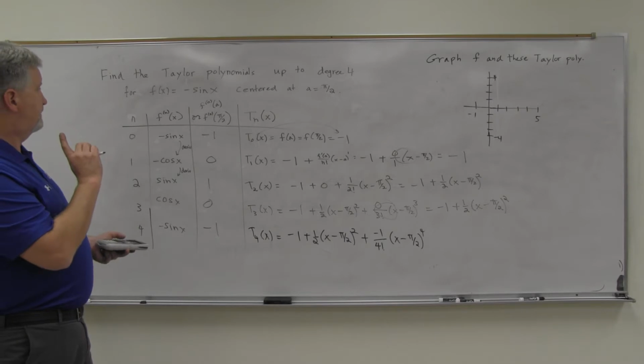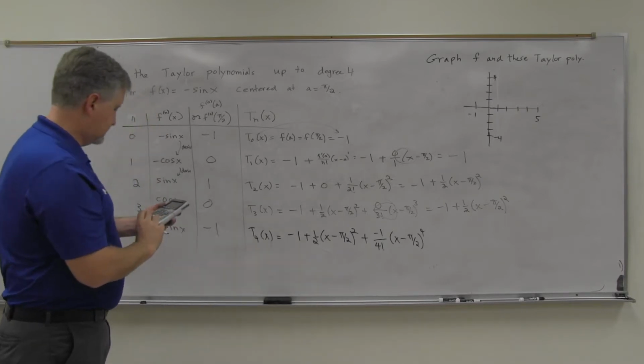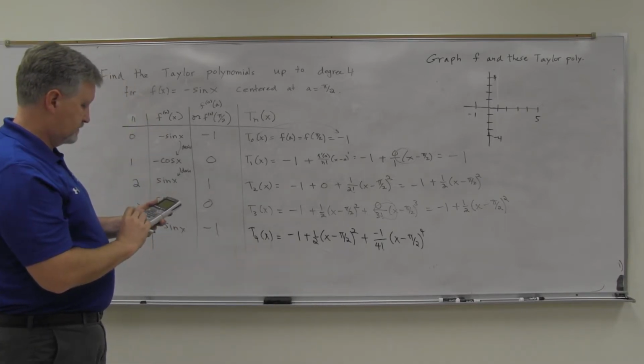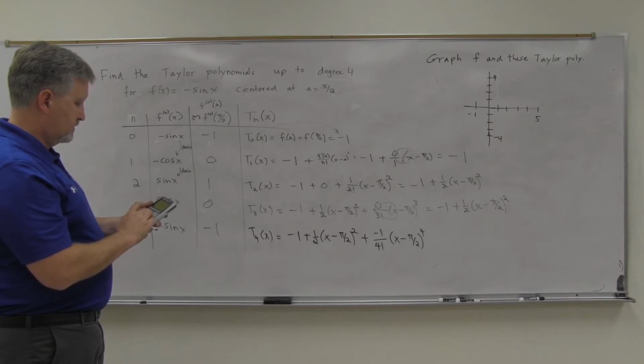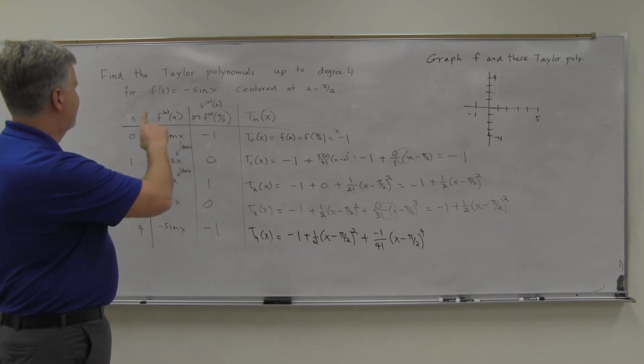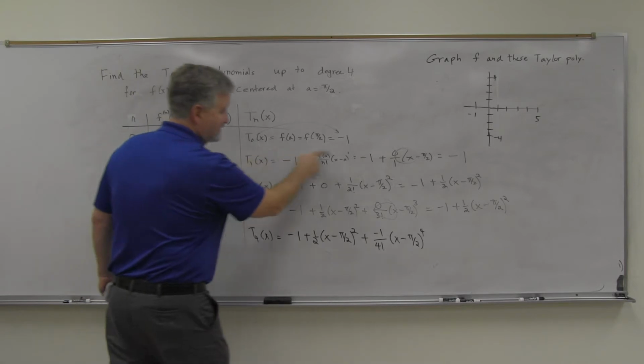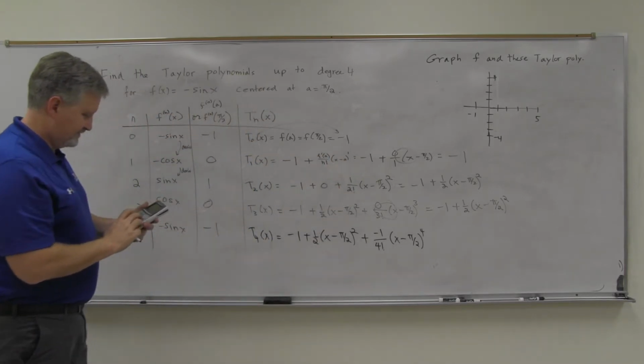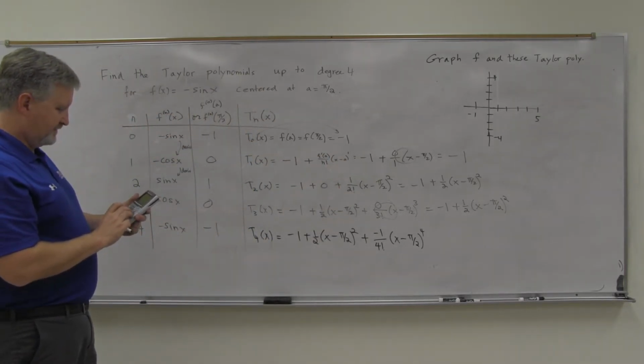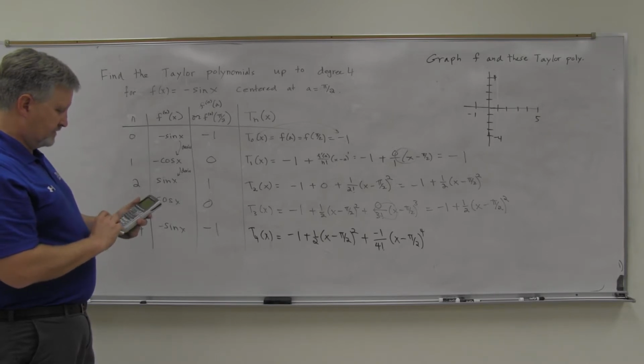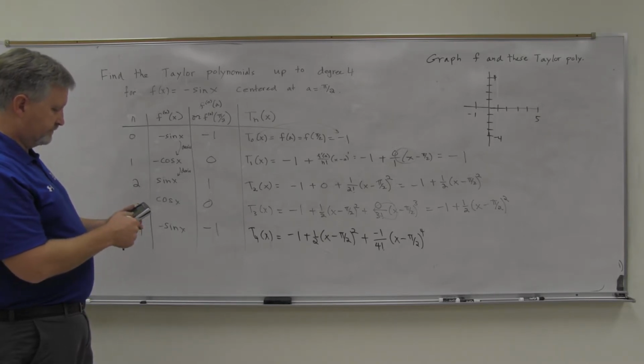Okay, so let's graph. So we got negative sine of x. And the first two are just negative 1, so that's probably not going to... No, I guess it'll do pretty good.